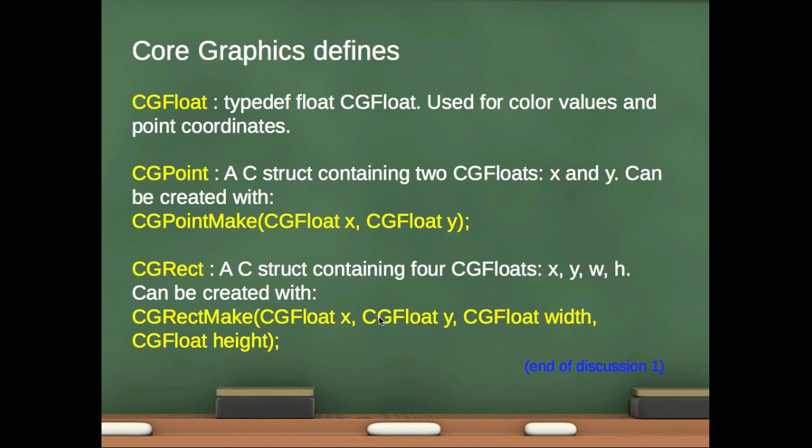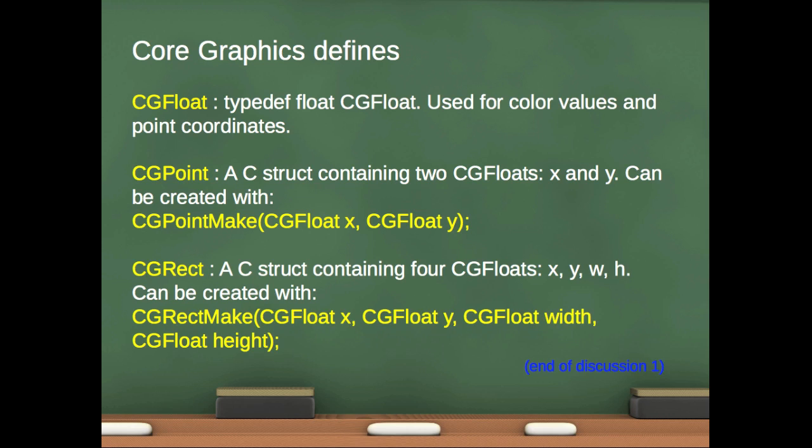Okay, so now there are some defines within Core Graphics that we need to talk about. There are more than this, but the three most important ones to get started with in Core Graphics are CGFloat, CGPoint, and CGRect. CGFloat is just a typedef for float. It's used for a lot of things. We use CGFloat values for color values and point X and Y coordinates, and a lot of different things. Any place you would use a float within the context of Core Graphics, we want to use a CGFloat.